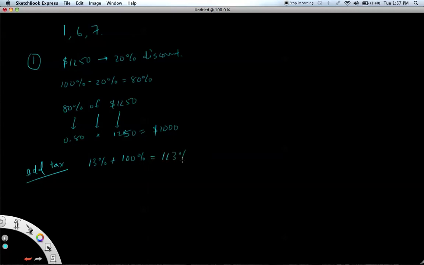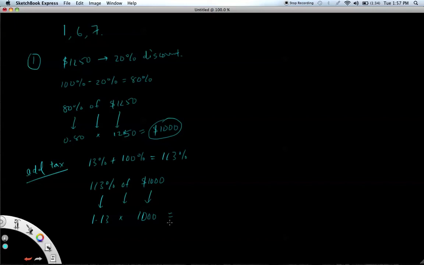They're actually paying 113%. Now this isn't of the original cost though. We're going to use the discounted cost, right? Because they are getting a special deal. So I'm paying 113% of $1,000. And if I again change this into math, convert this to a decimal, 1.13 times 1,000.